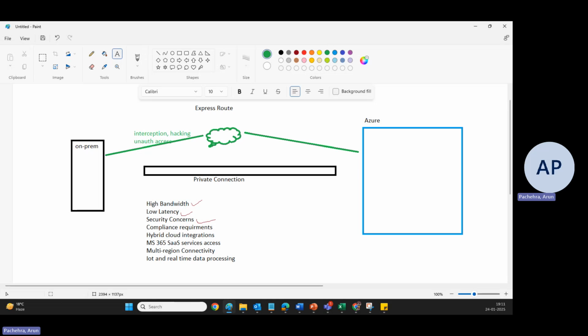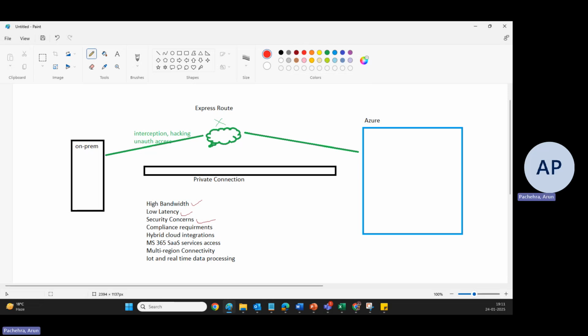Now there are industries like healthcare, finance, and government which must adhere to regulatory requirements or frameworks like HIPAA or GDPR that mandate private and secure data transfer, because if data is moving over the internet which is not compliant, you might need to pay penalties and lose your licenses over it.